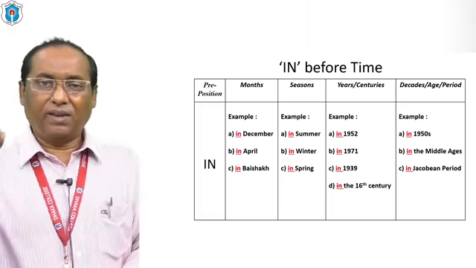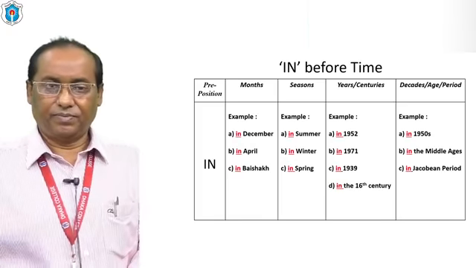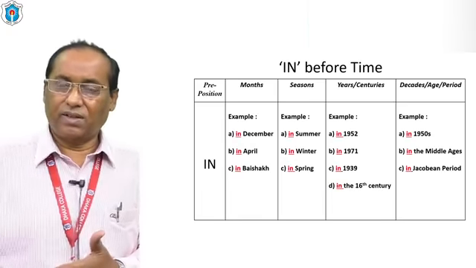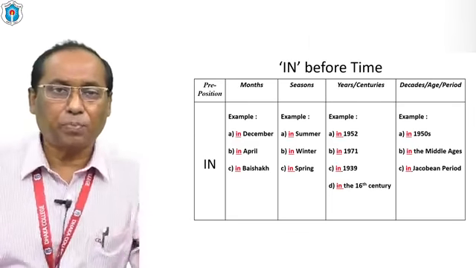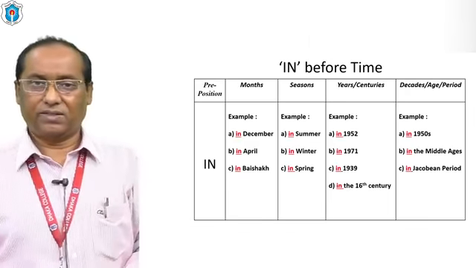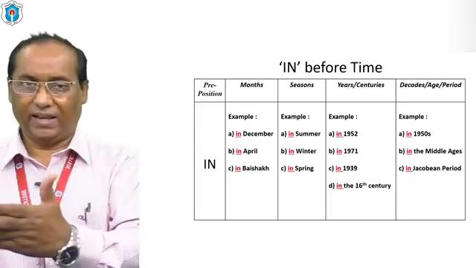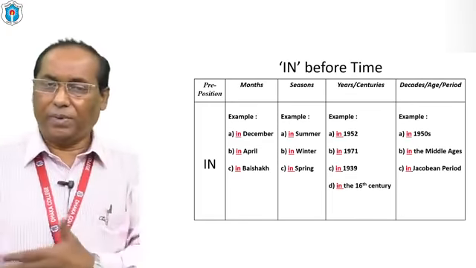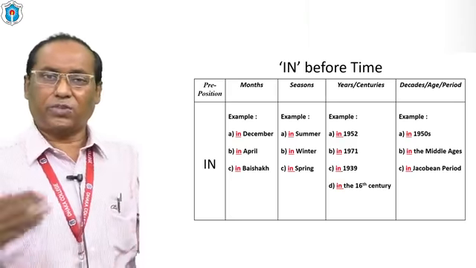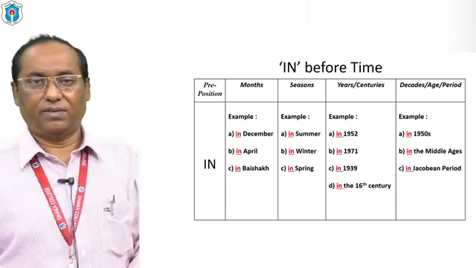By this I mean decade. Before age, in the Jacobean age, in the Shakespearean age, in Tagore's age. Okay? Period: in the Jacobean period, in the Shakespearean period.